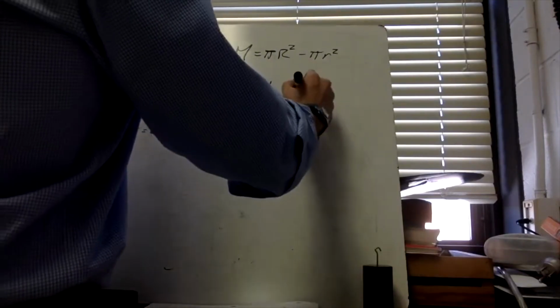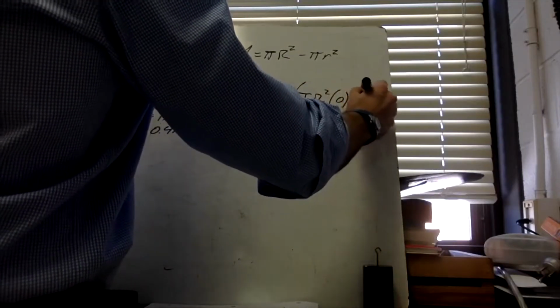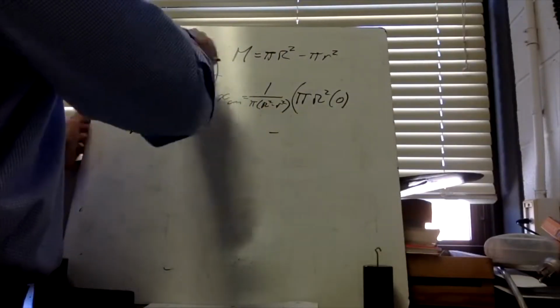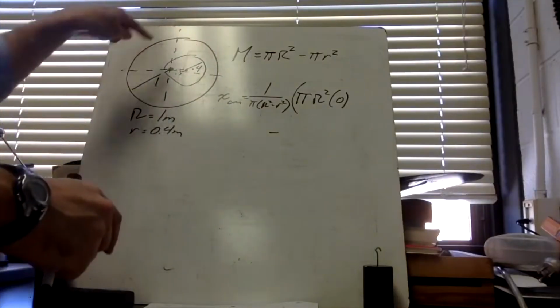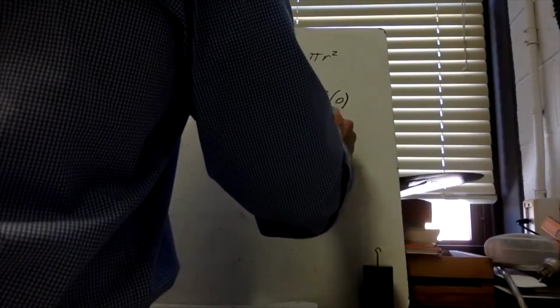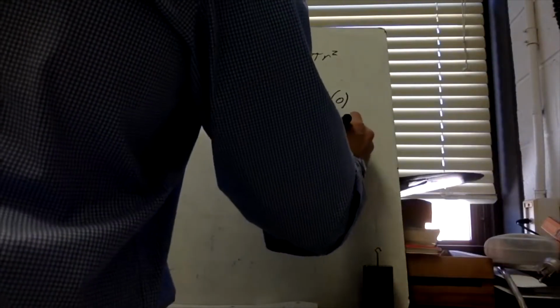So this mass is pi big R squared times 0. And now I'm going to subtract the mass that's missing from this hole. So that's going to be pi little r squared times, and what is the center of that hole? That's 0.3 meters.